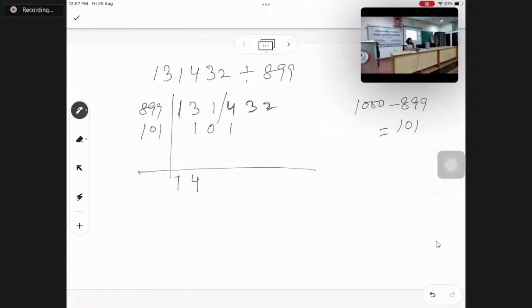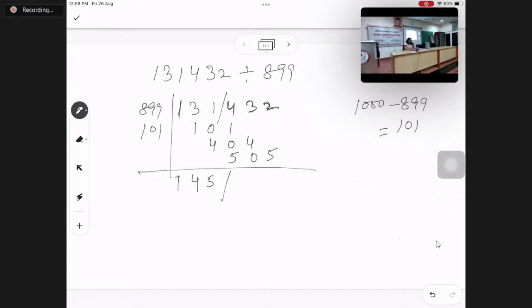So we multiply 4 with this. 4 ones are 4. 4 into 0 is 0. 4 ones are 4. Then add 4 plus 1 is 5. We put a slash for the remainder. Next digit is 5. So 5 ones are 5, 5 into 0 is 0, 5 ones are 5. We stop because we have reached the last digit.